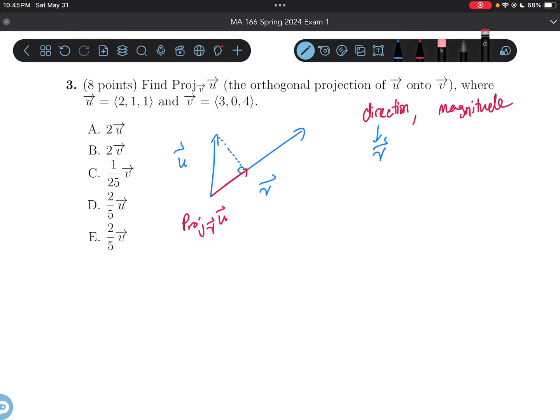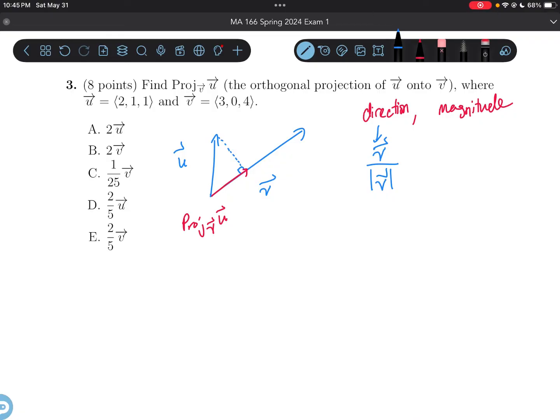Right now, the magnitude of v is 5. We can find the magnitude by taking the square root of the sum of the squares of each of these terms. To get the unit vector, all we have to do is divide vector v by the magnitude of v. And this gives us the unit vector that points in the direction of v.